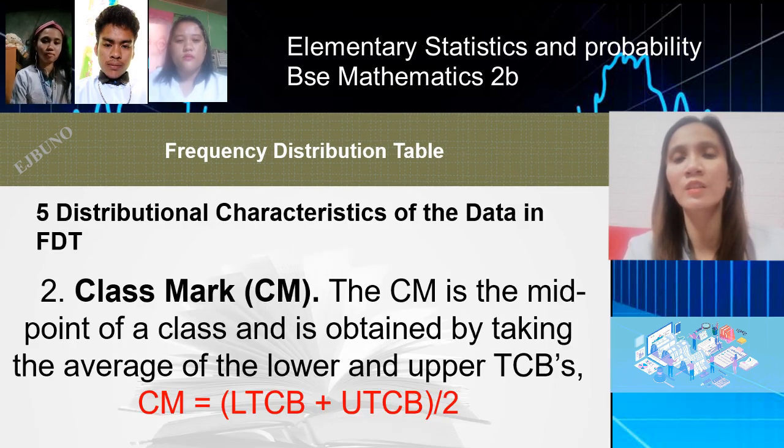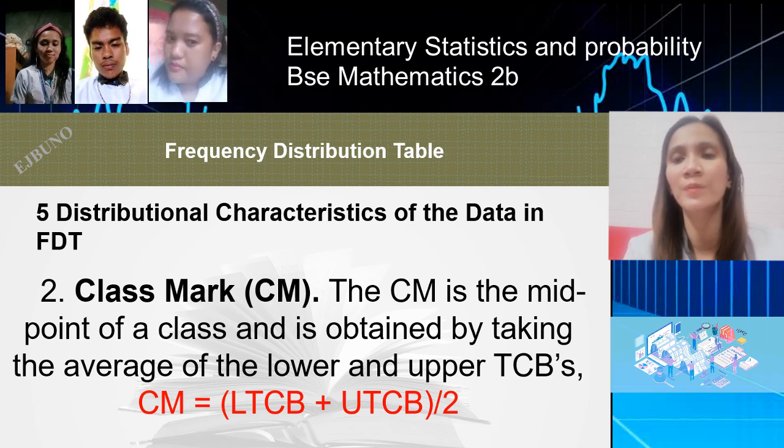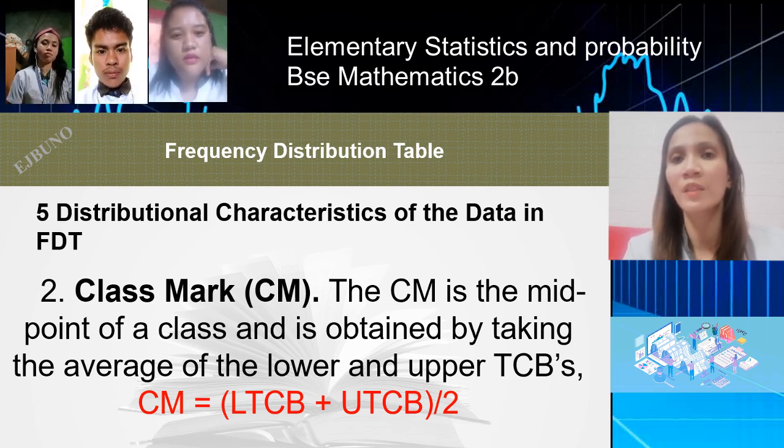The second is the class mark or CM. The class mark is the midpoint of the class and is obtained by taking the average of the lower and upper true class boundaries, or CM is equal to the lower true class boundary plus the upper true class boundary divided by 2.